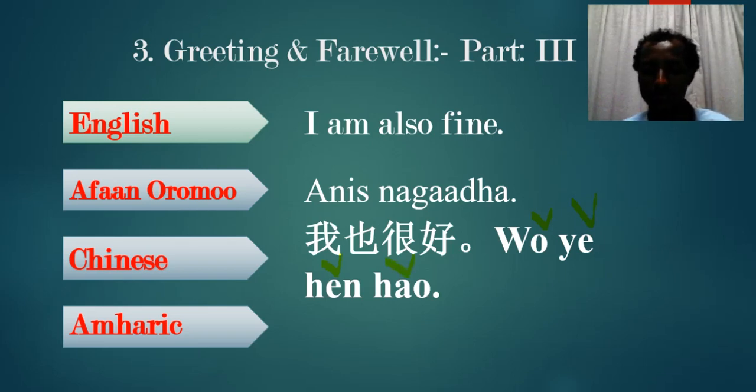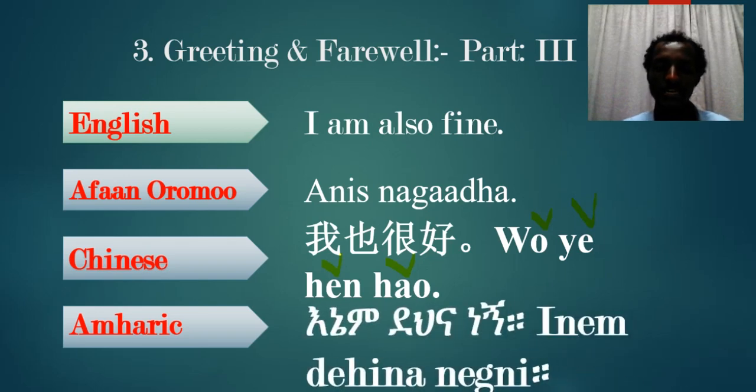When we read all of them, 我也很好 means I'm also fine. In Amharic, we can say inem dehina neng. Like this. I hope the sound is good and you are just following me.